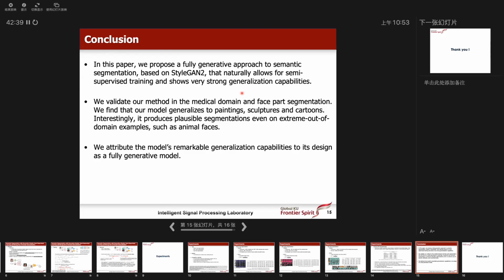This can be attributed to the model's remarkable generalization, because it is designed with the StyleGAN2 model and can achieve such good performance.